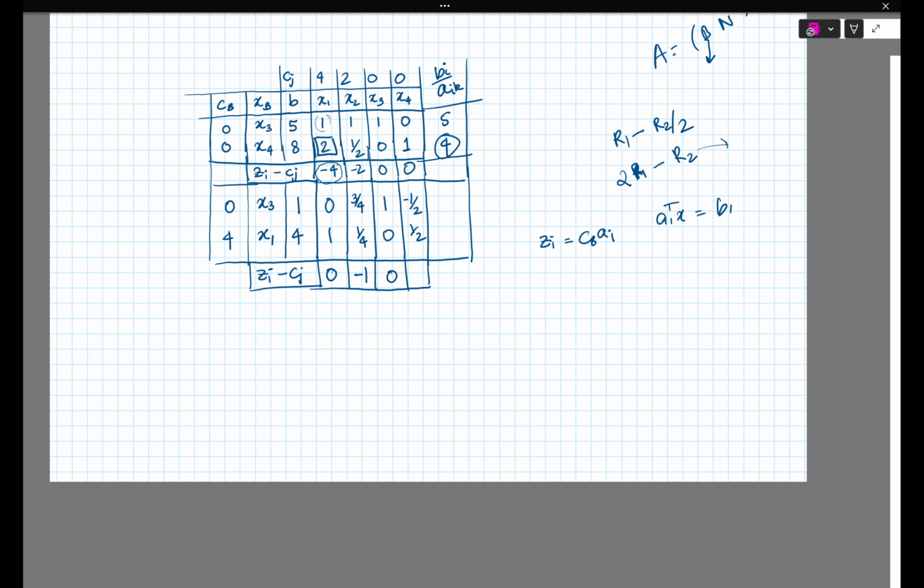This will be 0. This will be 2. Okay. So the most negative is this one. Right. In the first case it was this, now this.